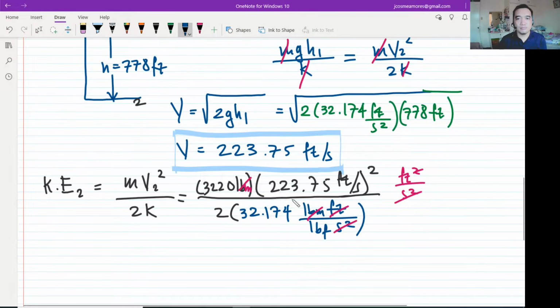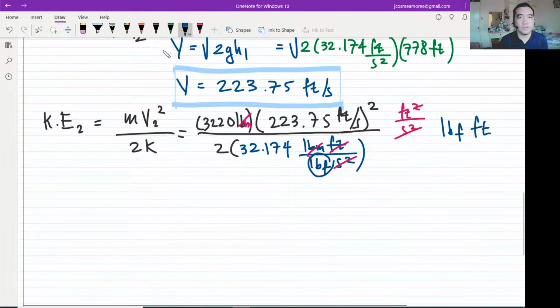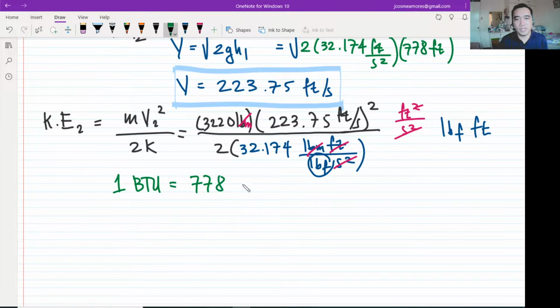So our unit is pound force feet. Since pound force feet is not the appropriate unit for energy in the English system, for which the appropriate unit is BTU, we will use the conversion: 1 BTU is equal to 778 pound force feet.